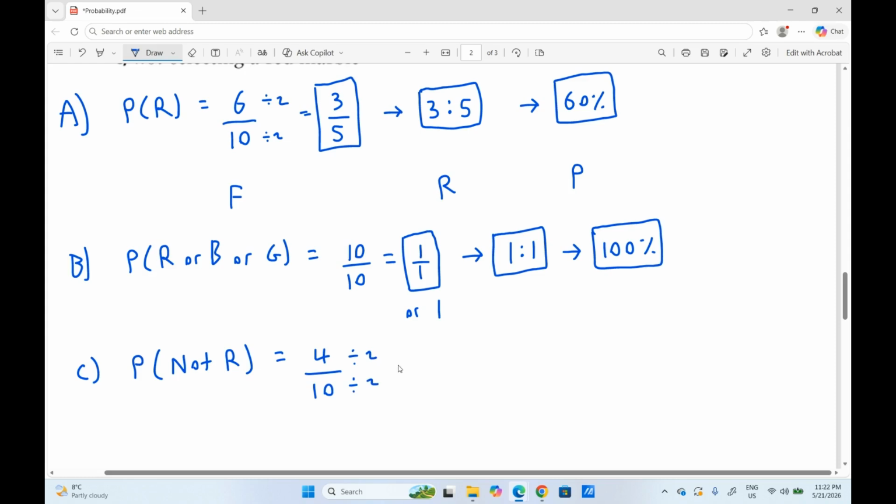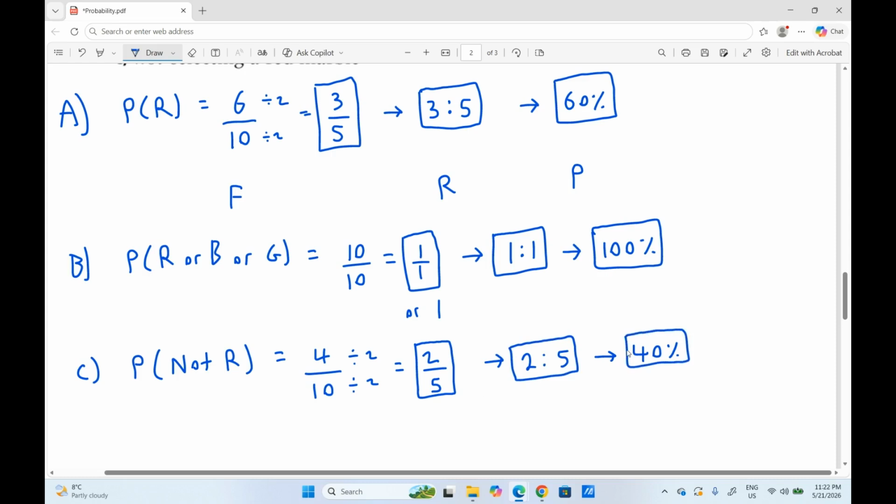But if I divide both top and bottom by 2, I'm going to get 2 over 5. So 2 over 5 is going to be the probability as a fraction of not selecting red in the bag. And as a ratio, that's going to be 2 colon 5. And as a percent, that's going to be 40%. So I have a 40% chance of not selecting red.